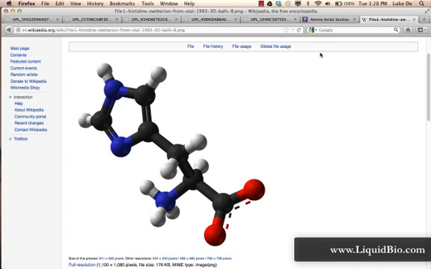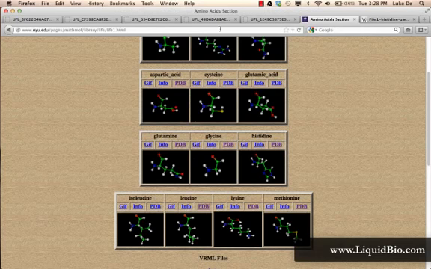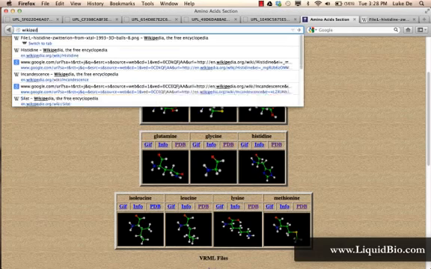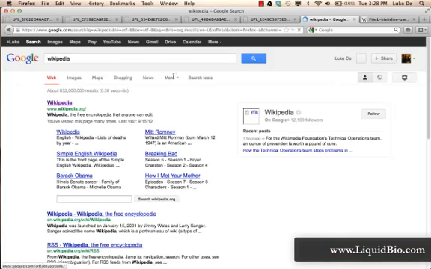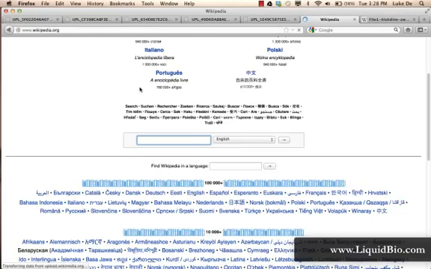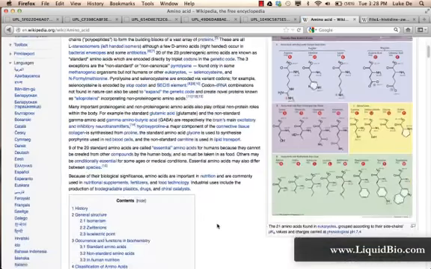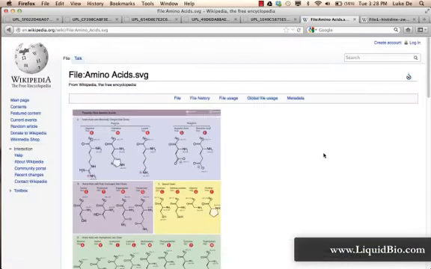If ever you're trying to figure out exactly what an amino acid is or what it looks like, go to this highly reputable source, Wikipedia, type in amino acid, and it will give you a nice handy dandy chart that you can see here.